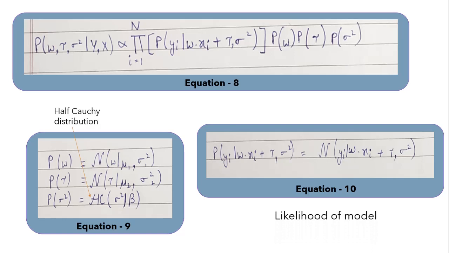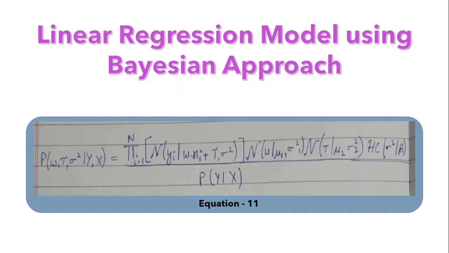Therefore, the likelihood is given by equation 10 as shown on the screen. Now, as we have defined all the components of linear regression model using random variables with the probability distributions, let's rewrite the posterior distribution using the likelihood and prior distributions that we have defined so far. So guys, this is the complete equation for Bayesian approach.